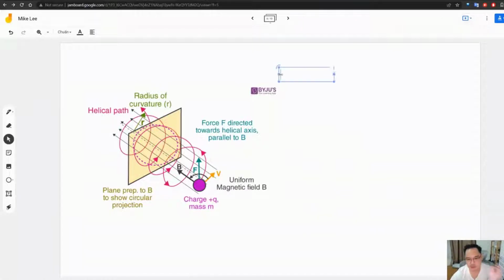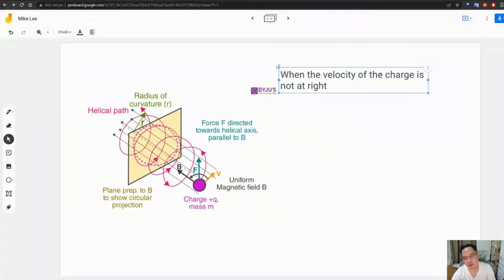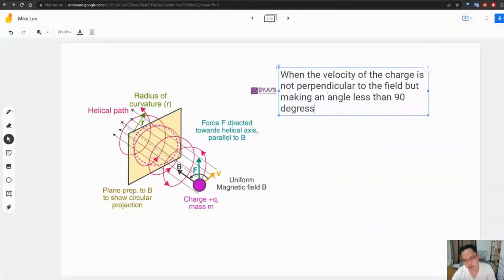That is when the velocity of the charge is not perpendicular to the field, but makes an angle less than 90 degrees.